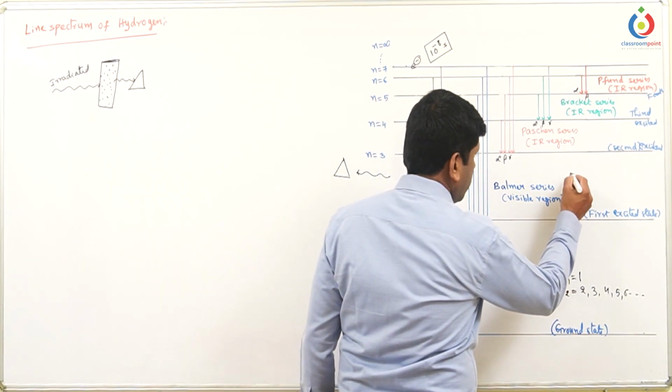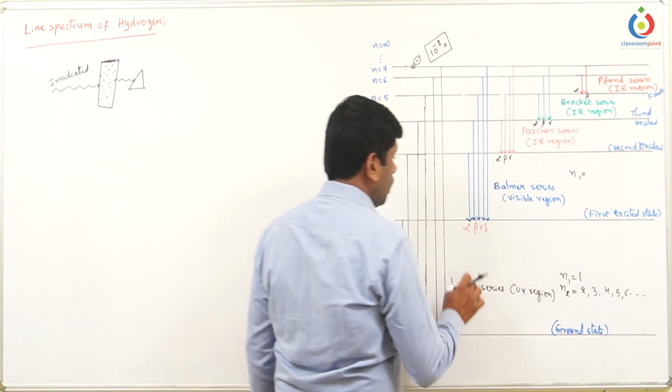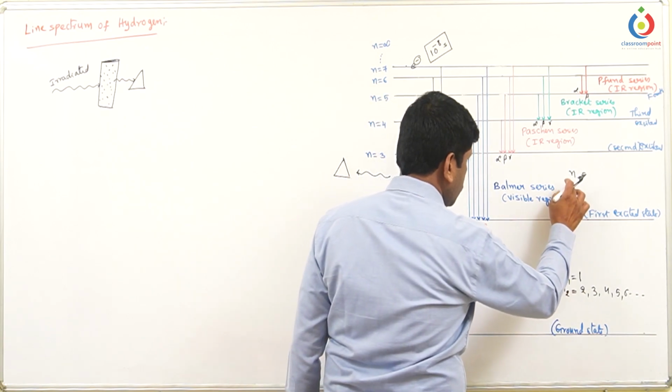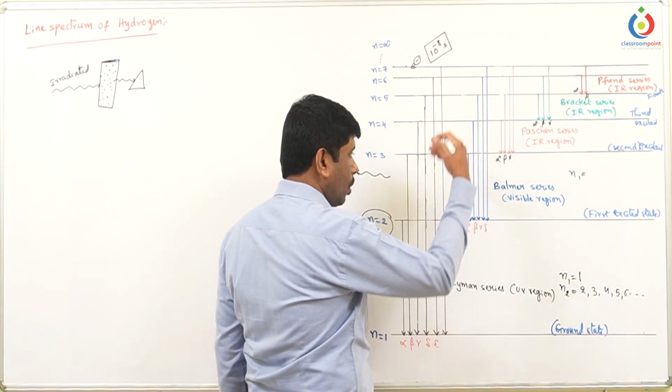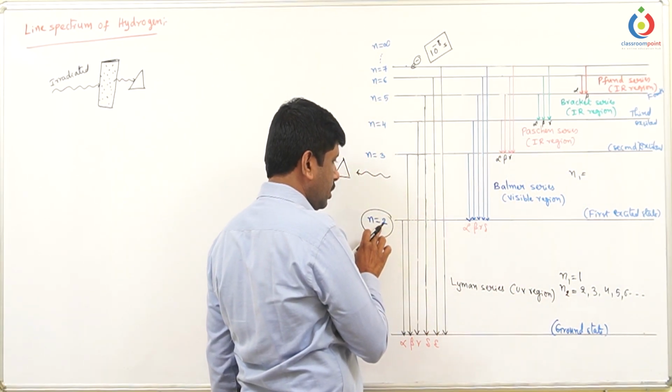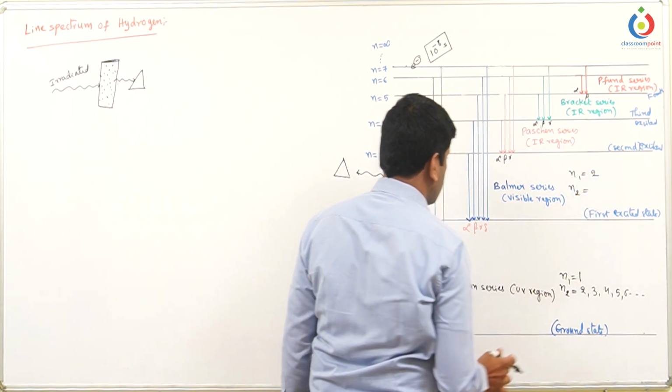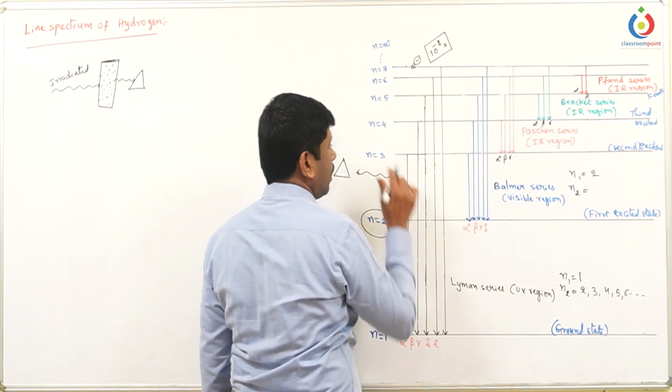In the case of the Balmer series, the lines are observed up to n equals 2, so n1, the lower energy state, is equal to 2 only. Then n2, the higher energy states, may be 3, 4, 5, 6, 7 and so on.